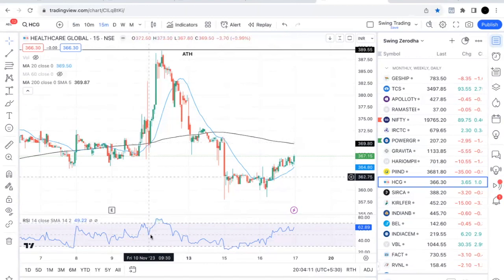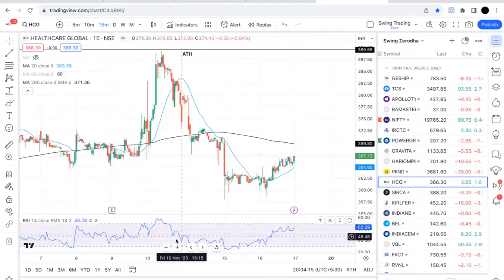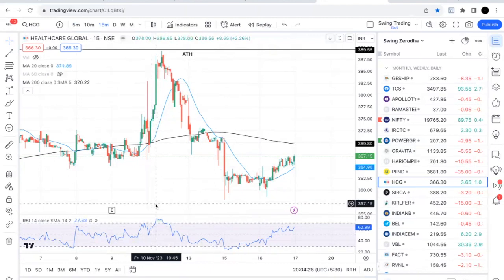But at that point, I would be looking for an RSI on the bottom, like below 30. That's what I would be looking for. Now, this one wasn't below 30, but it still moved up. That's not very common.